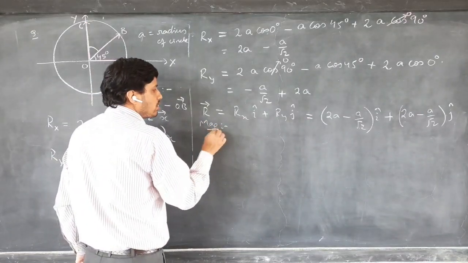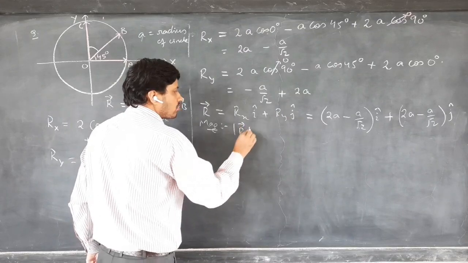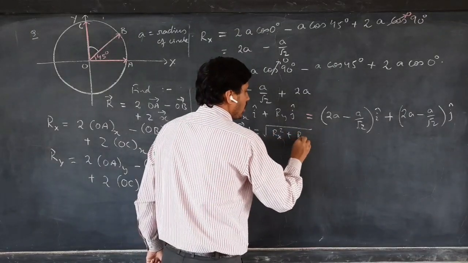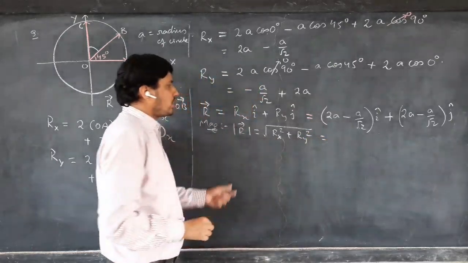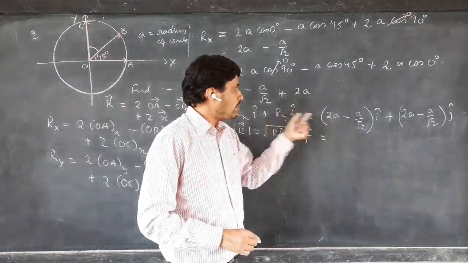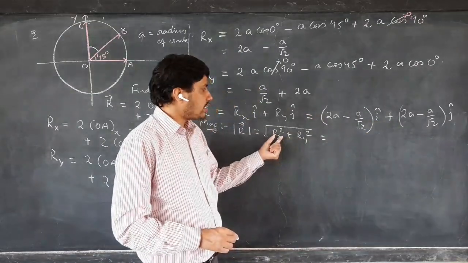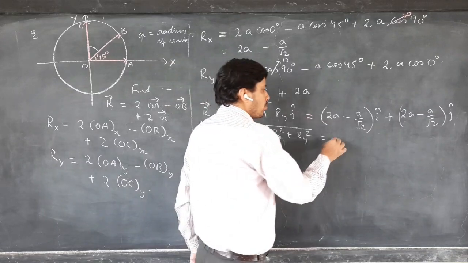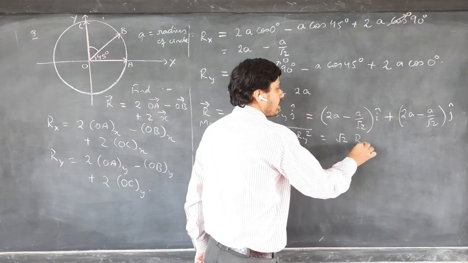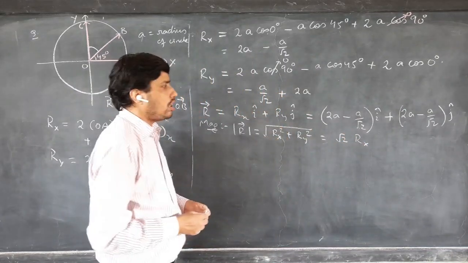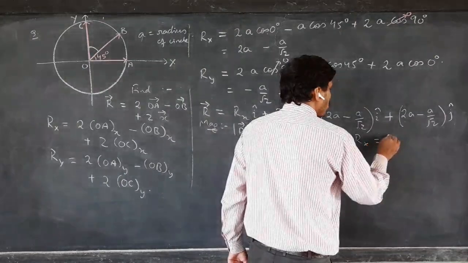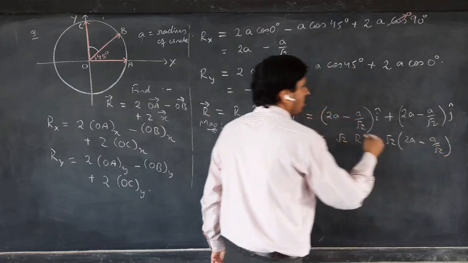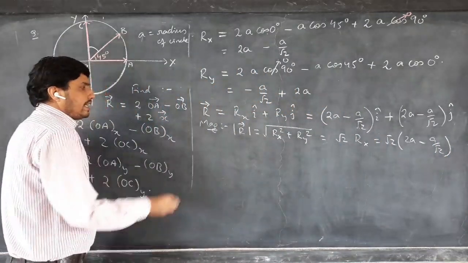So for the magnitude of R vector, students, you know, it is under root Rx square plus Ry square. But if you see carefully, since Rx and Ry have the same value, I can write Rx square plus Rx square, 2 Rx square, so it becomes root 2 times Rx after taking the square root. So its magnitude will be root 2 times 2a minus a by root 2. Then direction.